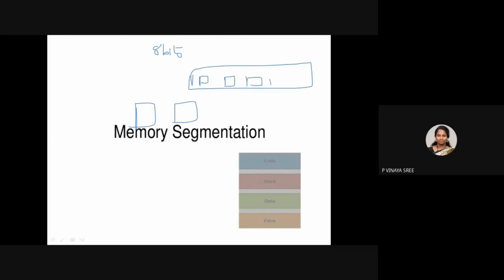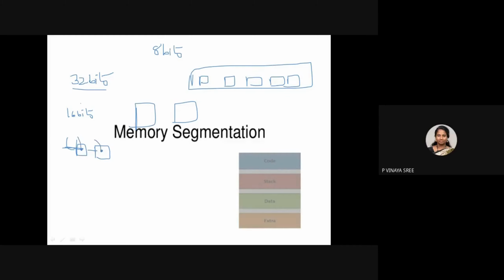This is how you are achieving parallelism. Ours, 8086, is a 16-bit microprocessor, so this 16 bits you are accessing with the help of two 8-bit banks. The address will be the same here and here. If it goes to this particular address, you will get 8 bits, and in a single clock period you will get the other 8 bits.